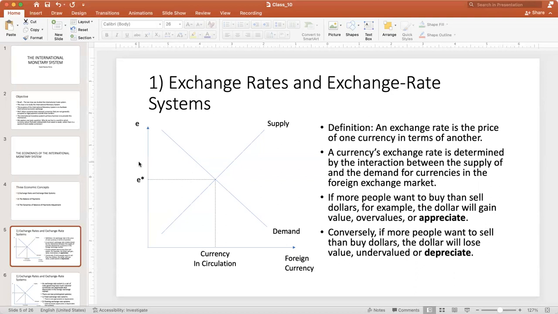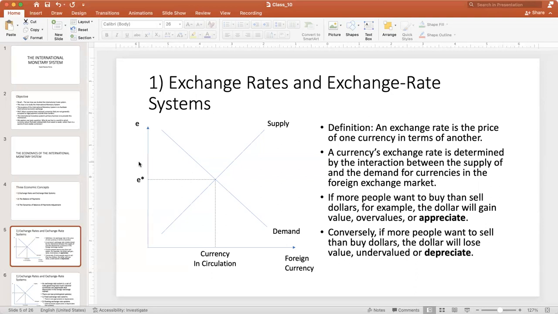So this is the idea of an exchange rate. However, the price of the currencies changes due to the forces of the market. It could be possible that today with $1 you can buy 2 euros, or it could be possible that with $1 you can buy only 1 euro, and so on and so forth.